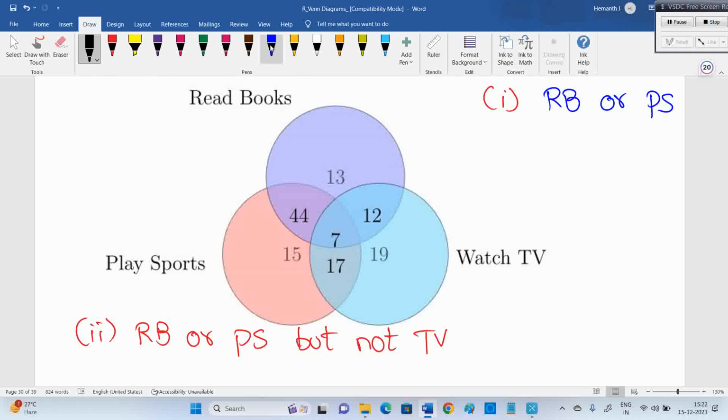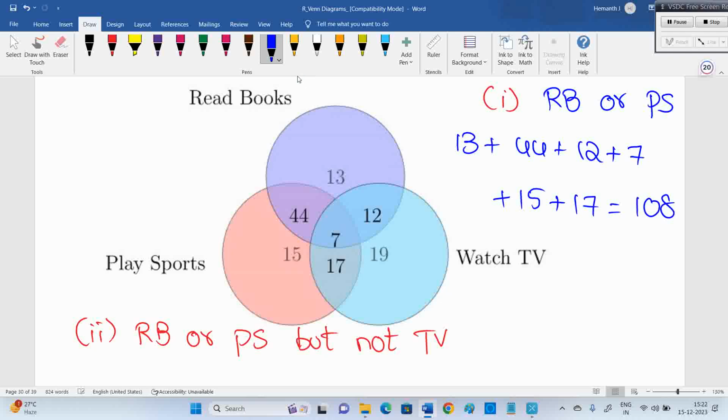Read books or play sports means the entire two circles' values you need to include. Reading book also okay, playing sports also okay. That entire two circles: 13, 44, 12, 7, 15 and then 17 also we need to include. So what is this? 108. But if they ask read books or play sports but not TV, now what to be included?